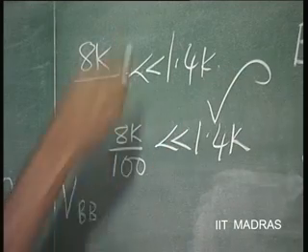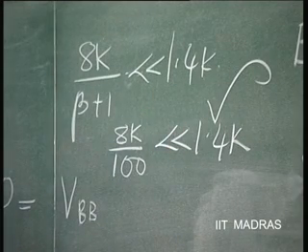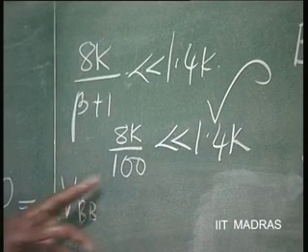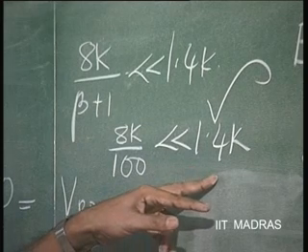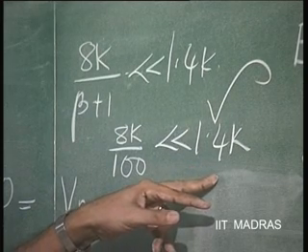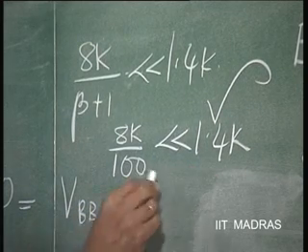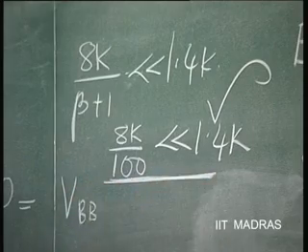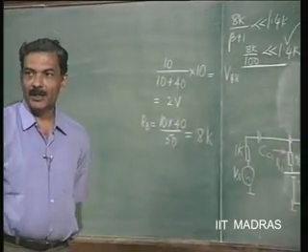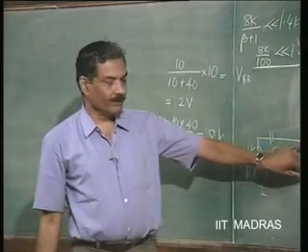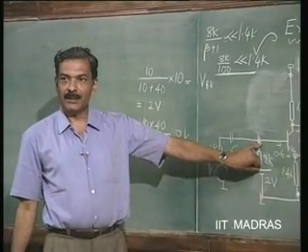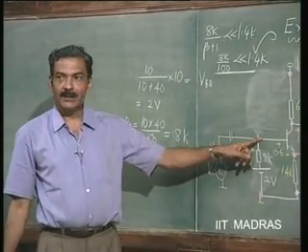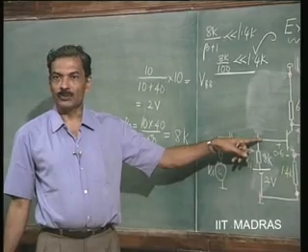So, this is a valid assumption, or 8K is much less than 140K. So, this can be neglected, the DC drop due to base current can be neglected, and this voltage can be assumed to be at 2 volts.